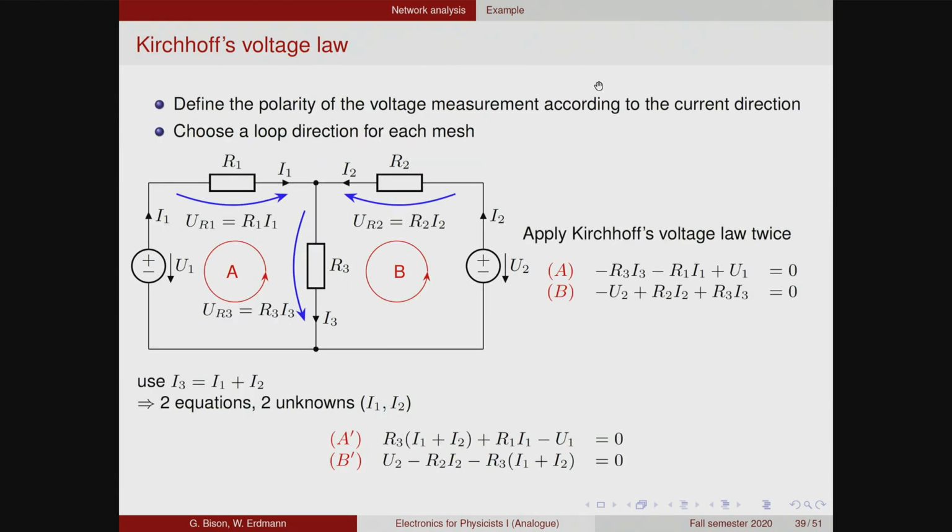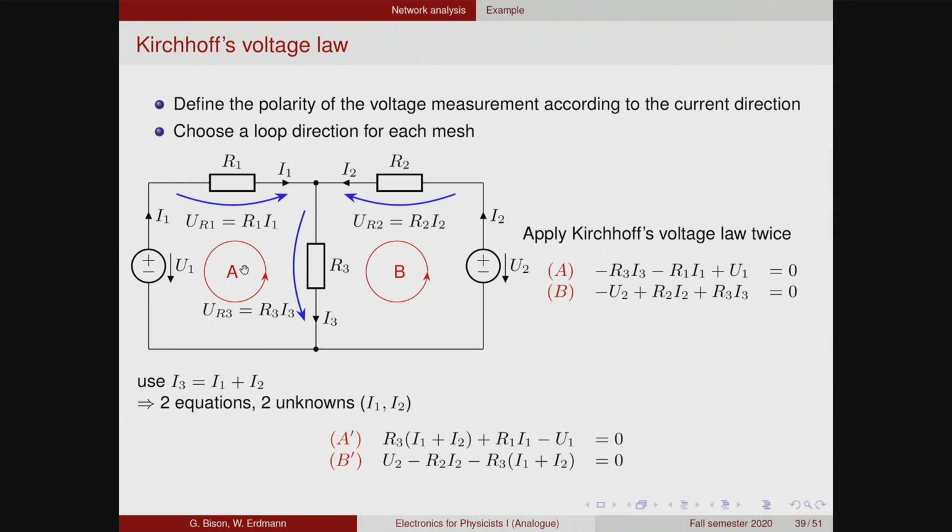Okay, now we apply the voltage law. So first of all, we have to define the polarity of the voltages. For the current sources, that's defined. And then for the resistors, we define the voltage direction parallel to the current direction. And then we can have a look at the two meshes.